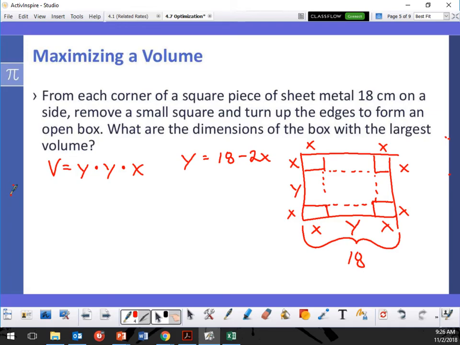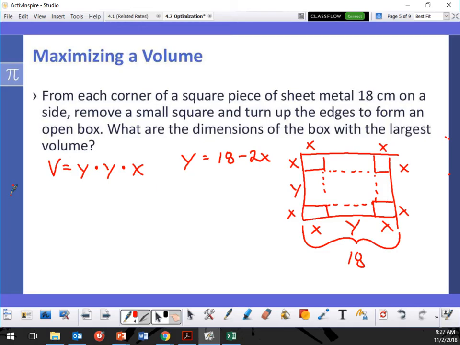I don't need the area out of this, because what's going to happen when I start making this into a volume? I'm cutting off of it, right? So surface area is going away as I'm increasing the volume.